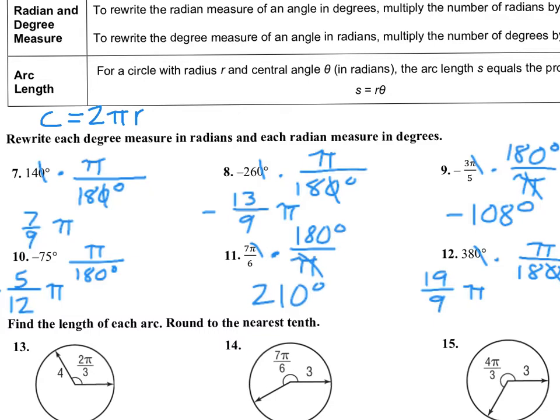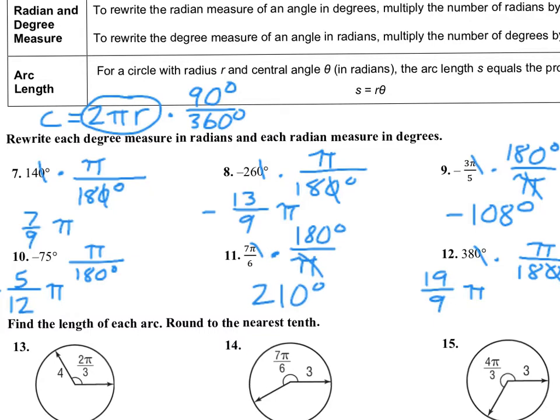So if you wanted the length of an arc, but not the whole way around a circle, what you did was you would take this 2 pi r and you multiplied it by whatever fraction of the circle you had. So let's say you had a quarter of the circle. Then you multiplied by 90 degrees over 360 degrees. So this is what you would do if you knew the central angle in degrees.